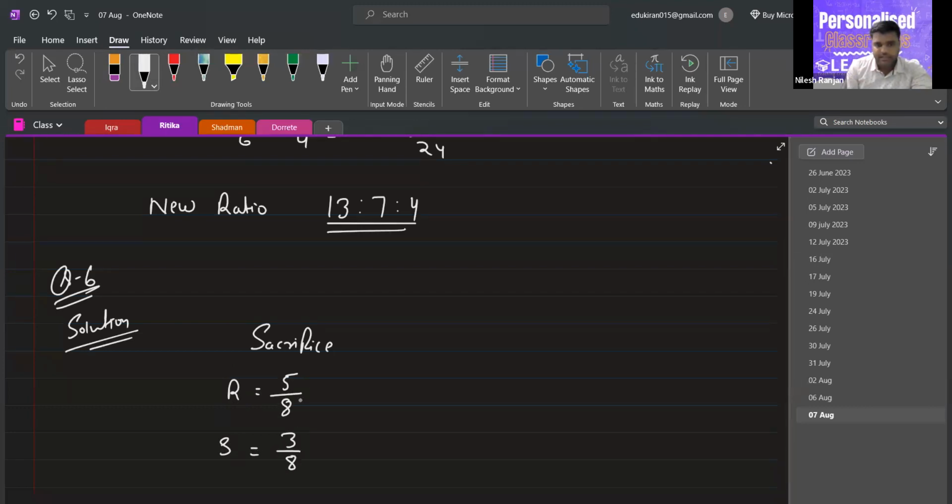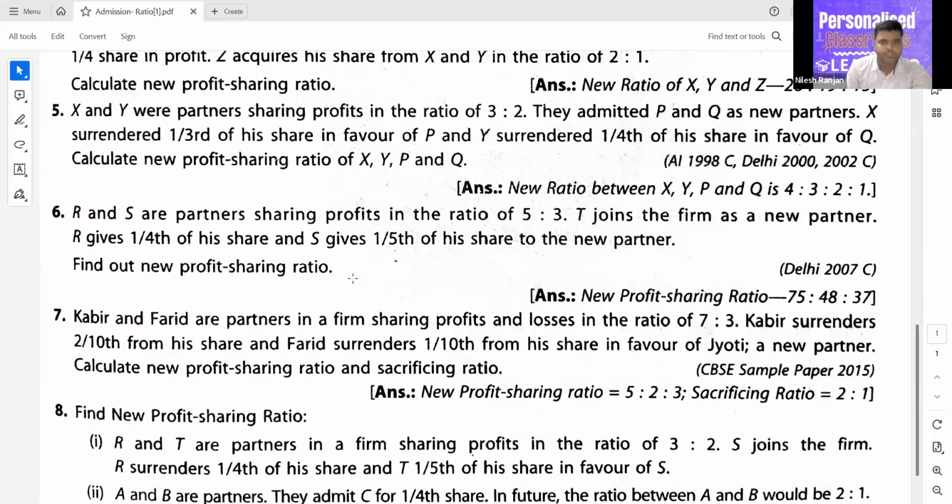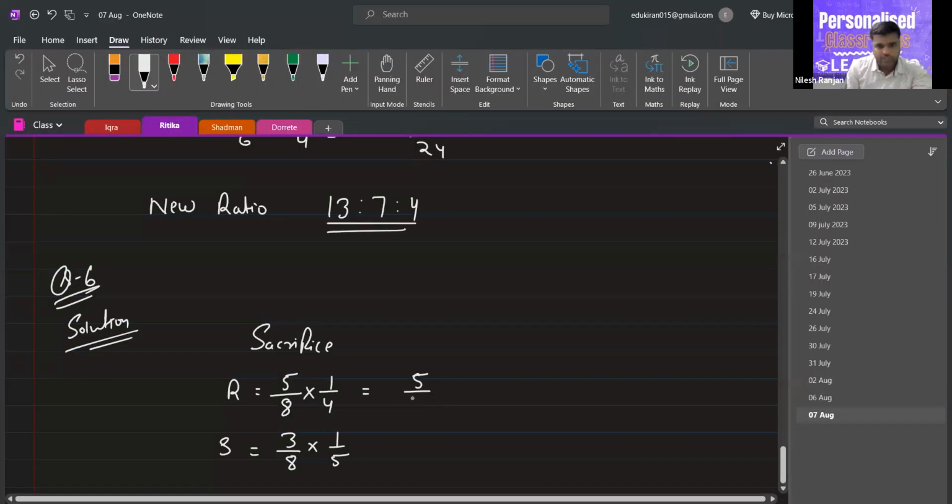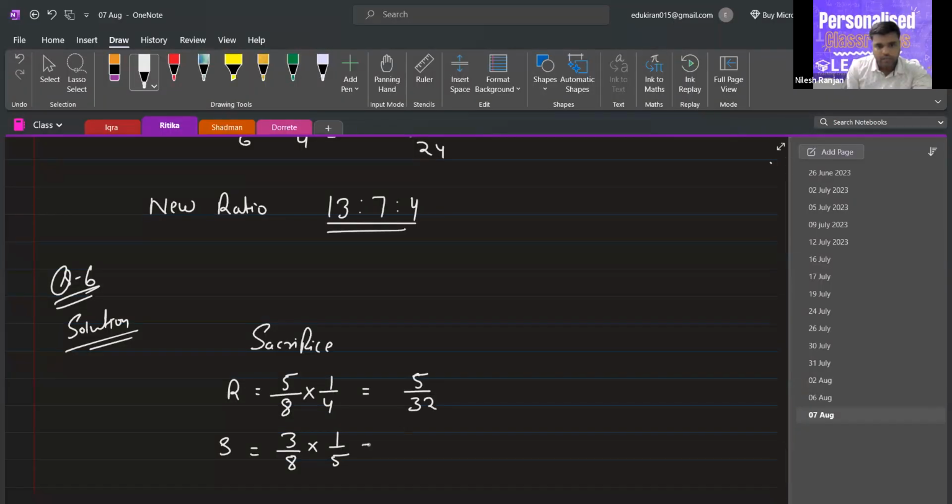And they sacrifice 1/4 of his share and 1/5 of his share. Now it will be 5/32 for R, and it is 3/40 for S.